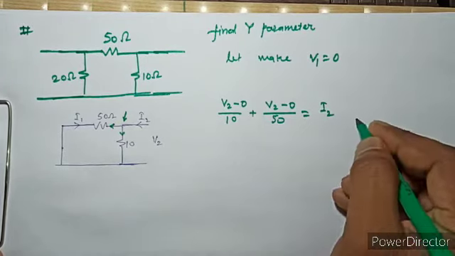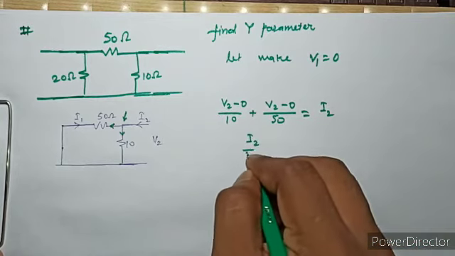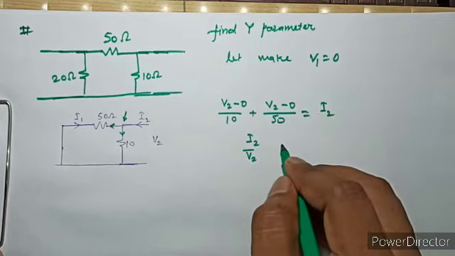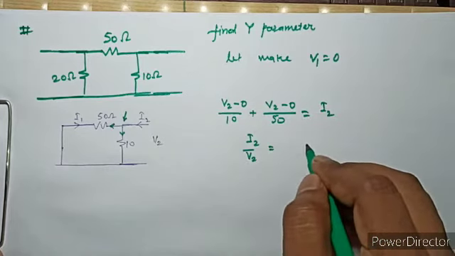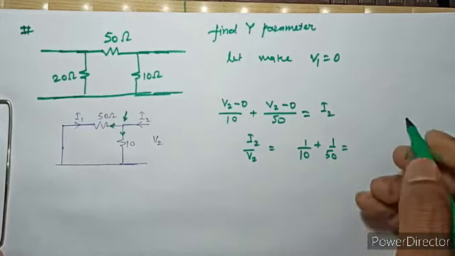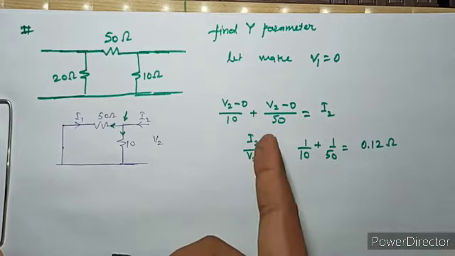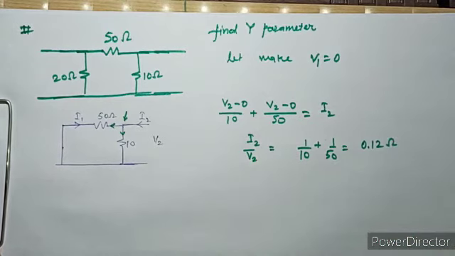And from here our I2 by V2 will be 1 by 10 plus 1 by 50, which is nothing but 0.12 ohm.